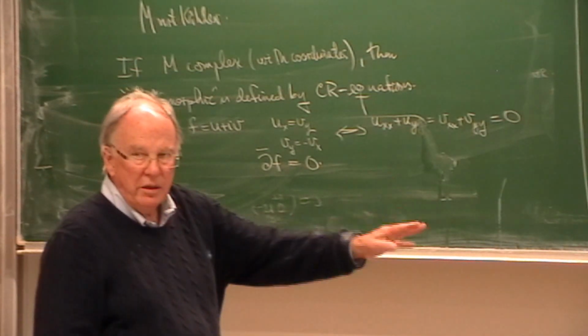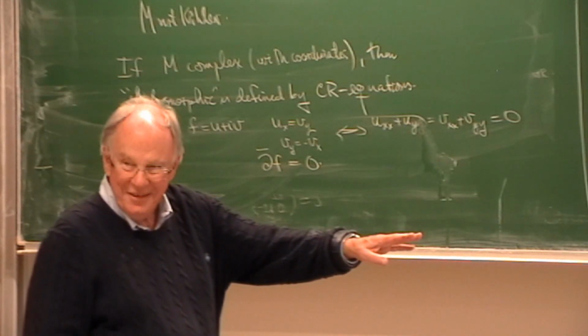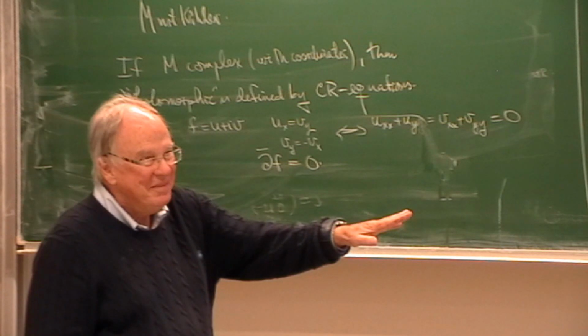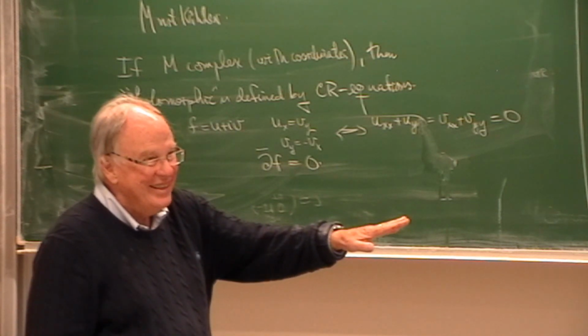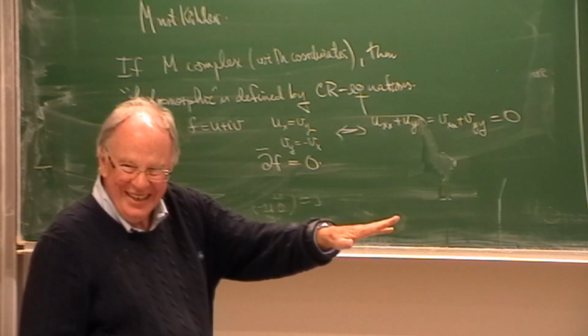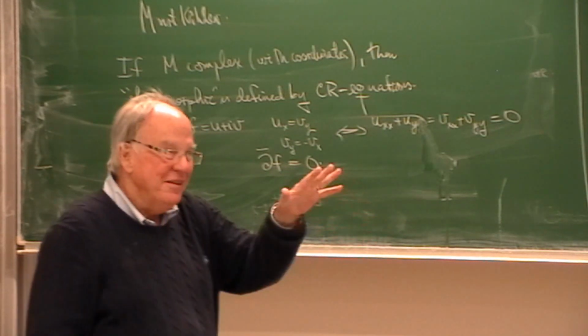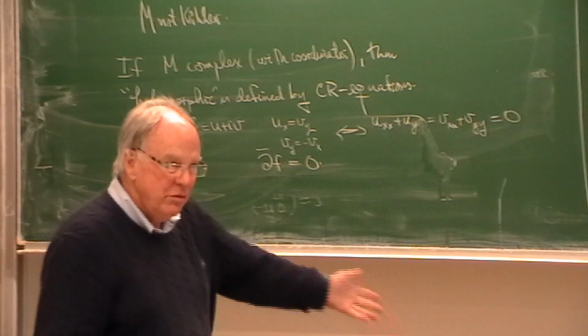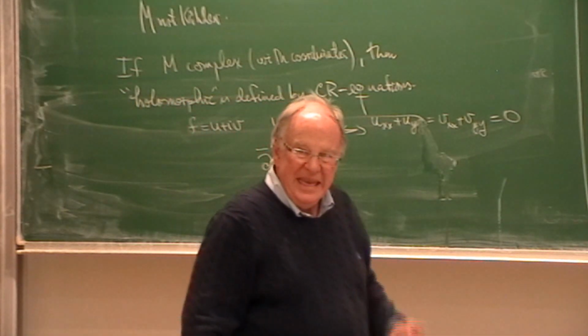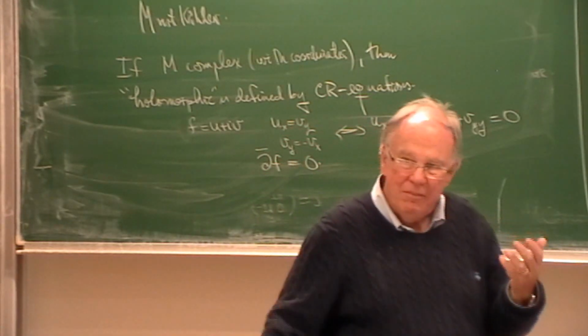If the structure does not come from coordinates, the d bar equation is nonlinear. Okay? It goes into another world. If this thing does not come from coordinates, you still have the notion of holomorphic. Right? It is a nonlinear PDE system.